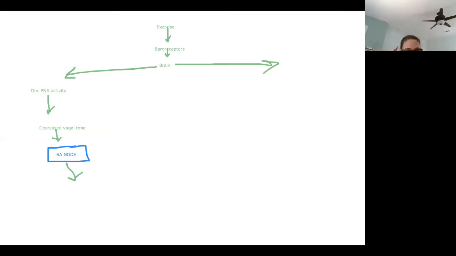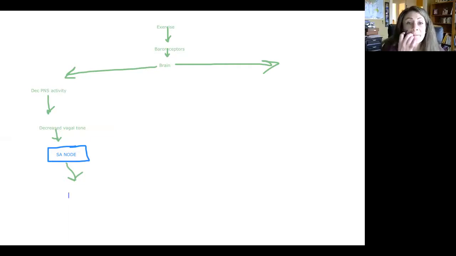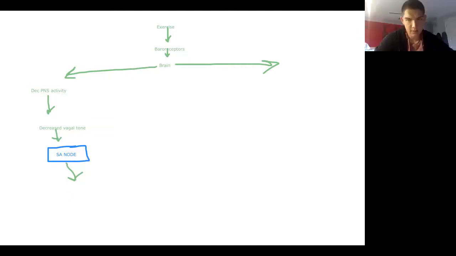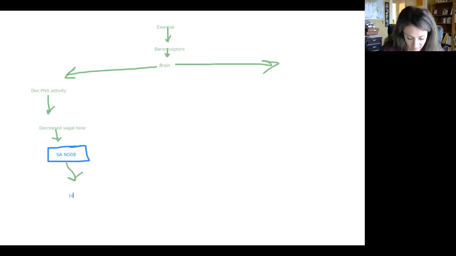It will decrease as well, right? What will decrease? The signal it sends out. Will it decrease or increase? Increase. A decreased vagal tone will cause an increase in heart rate. Right, because it's parasympathetic. So a decrease in vagal tone will cause an increase in heart rate, which in turn will cause what?